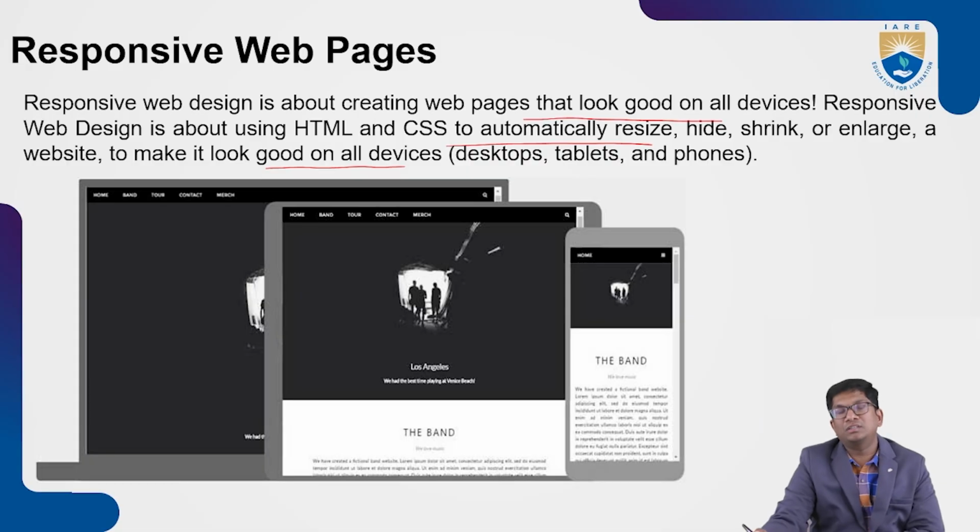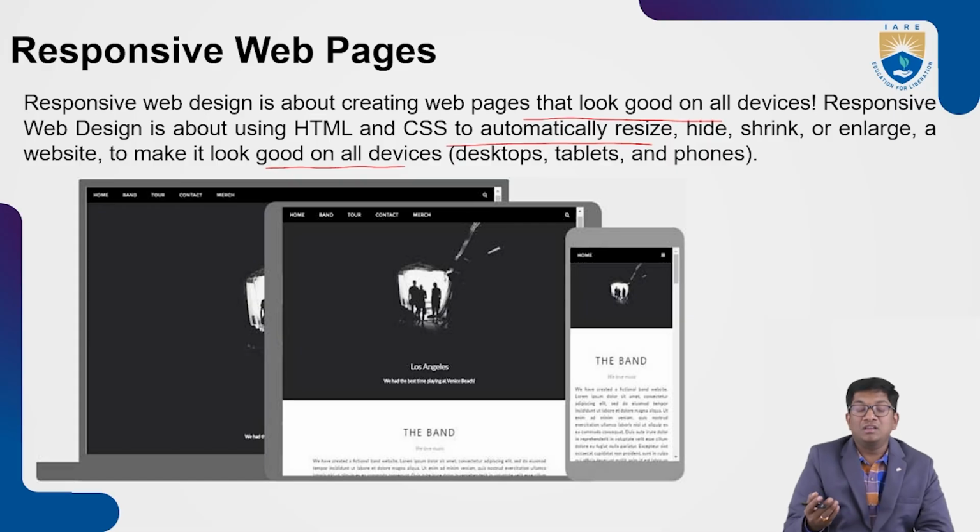So the content is automatically adjusted based on the device. The device can be a laptop, desktop, or mobile device, but you have to display the content efficiently. So for that, we have to use responsive web pages.